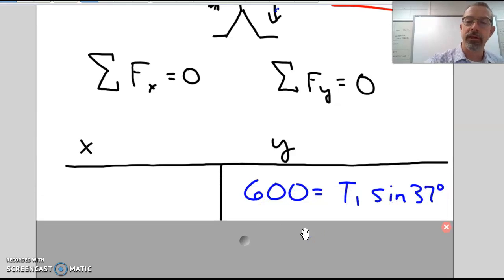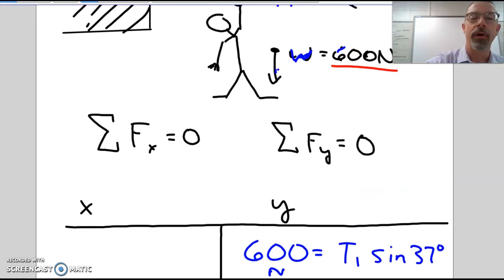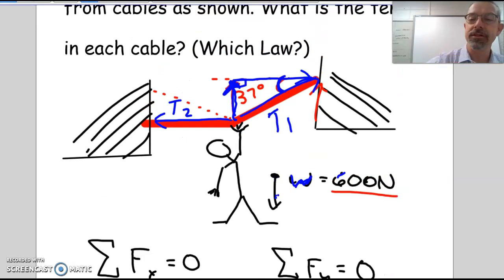So in order to offset this 600 newtons, I know that the amount pulling down has to equal the amount pulling up. So 600 newtons of force pulling down has to equal whatever the tension in this first cable is times the sine of 37, because that's the component of this tension that is pulling up.